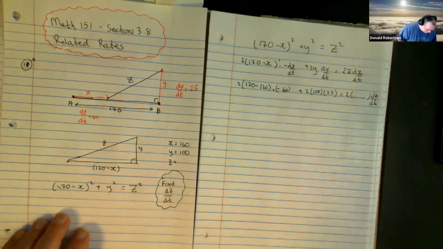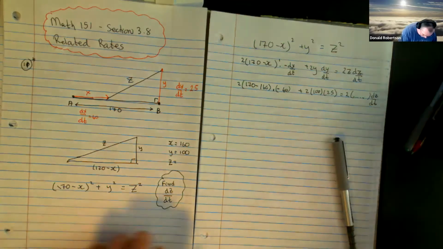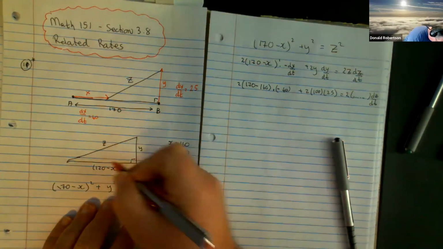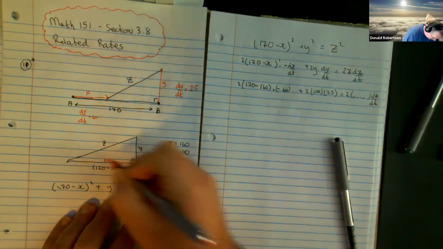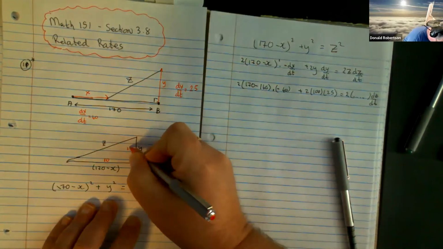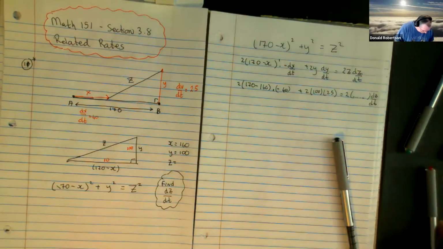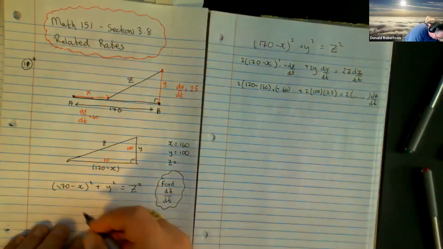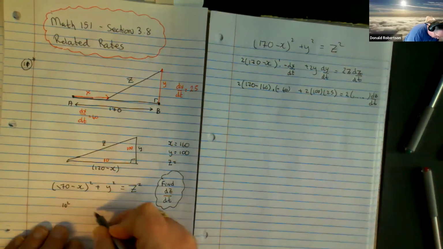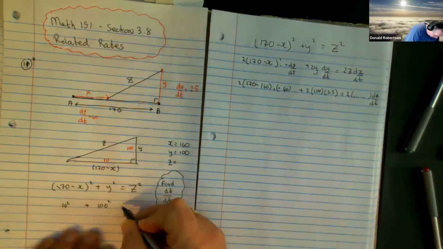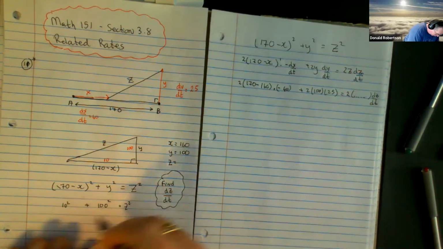So if you put in the numbers that we know, that's x is 160, this guy ends up being 10. And if you put in y is 100, do you see nice little Pythagoras thing going on there? And you could use it here as well. So what you've got is 10 squared plus 100 squared is z squared.